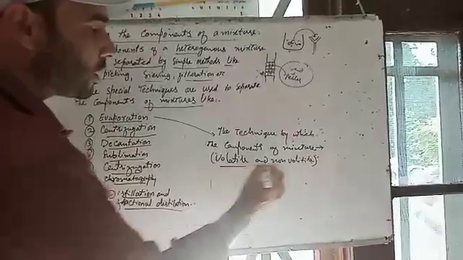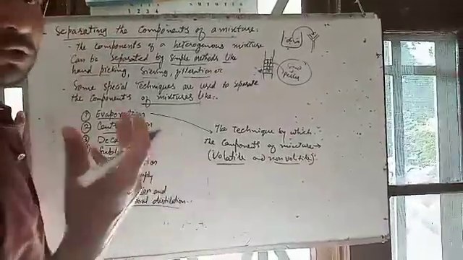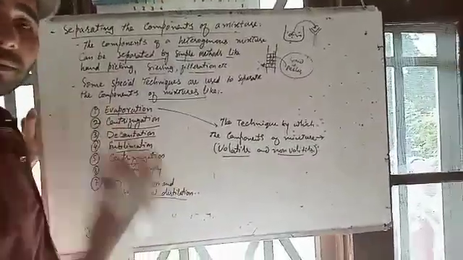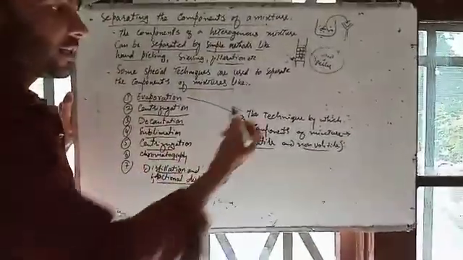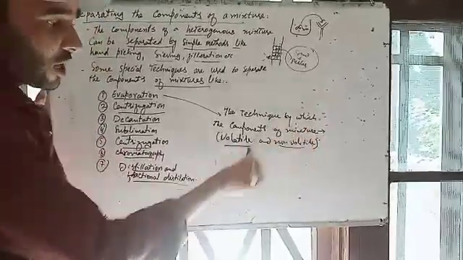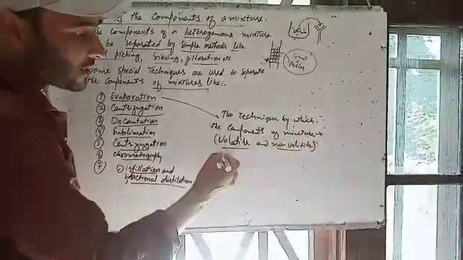What do you mean by volatile and non-volatile? Volatile substances can evaporate and non-volatile substances cannot evaporate. So the technique separates components of a mixture which are volatile and non-volatile.